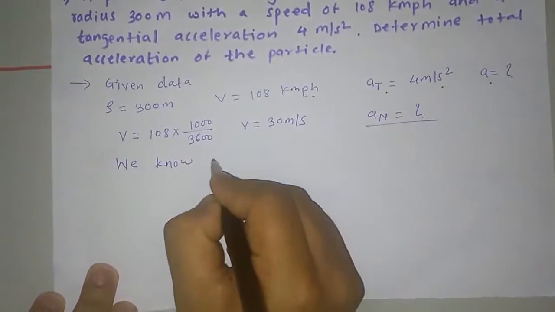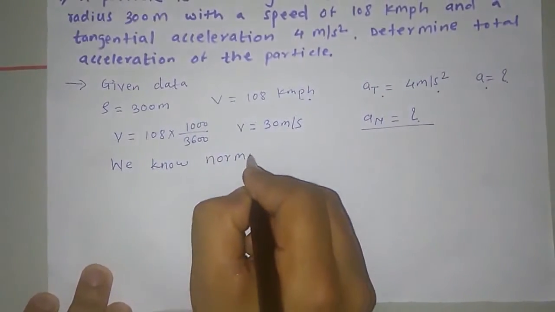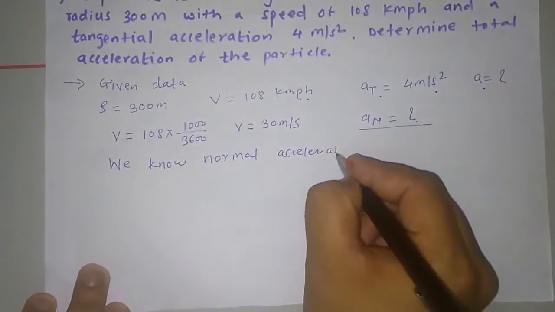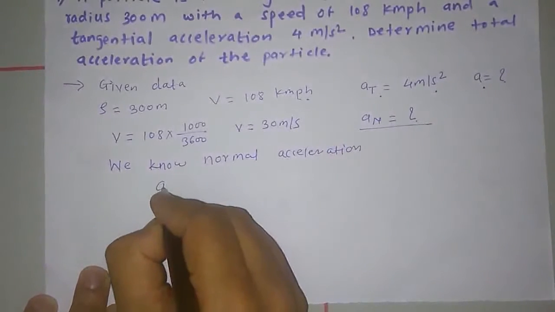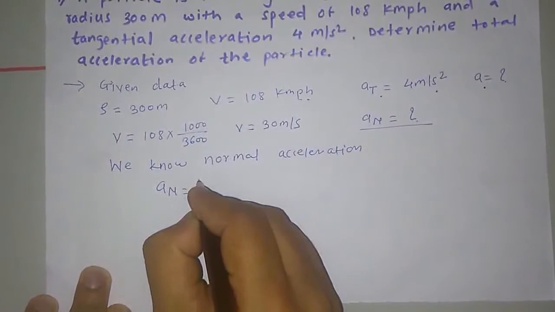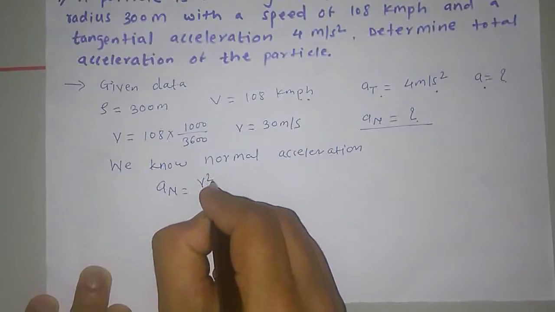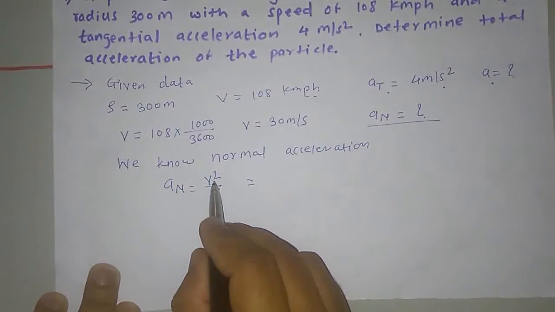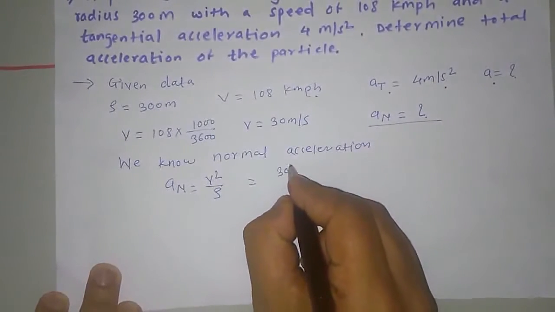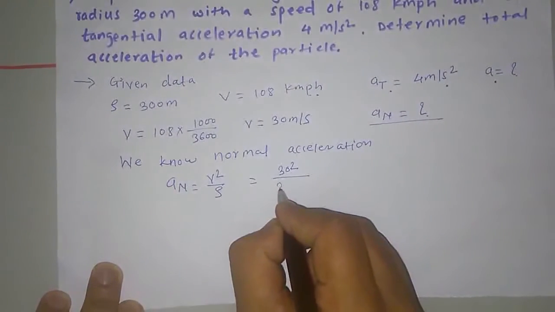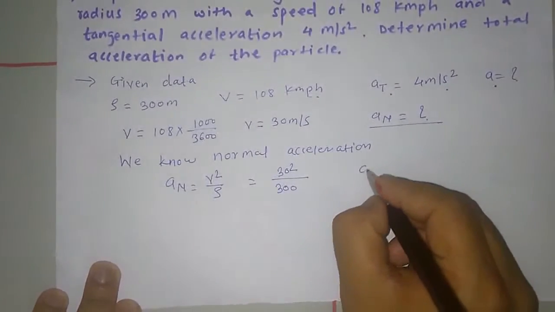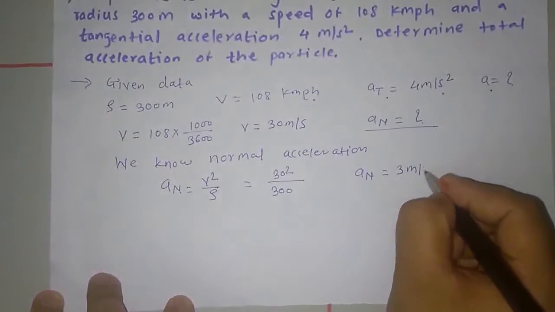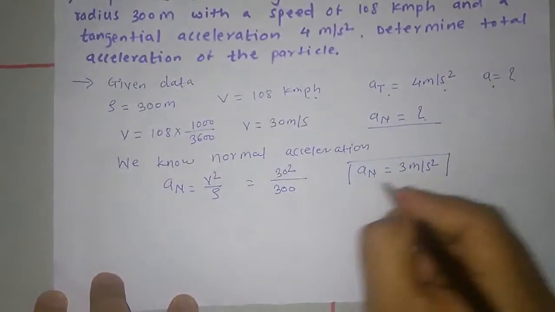We know normal acceleration a n is v square by rho. So v square is 30 square divided by rho is 300. So by solving this you will get normal acceleration is equal to 3 meter per second square.